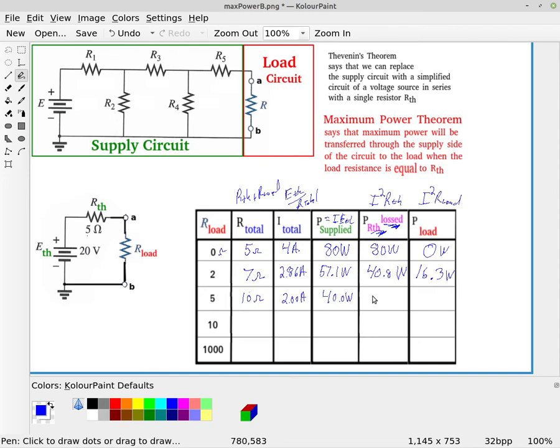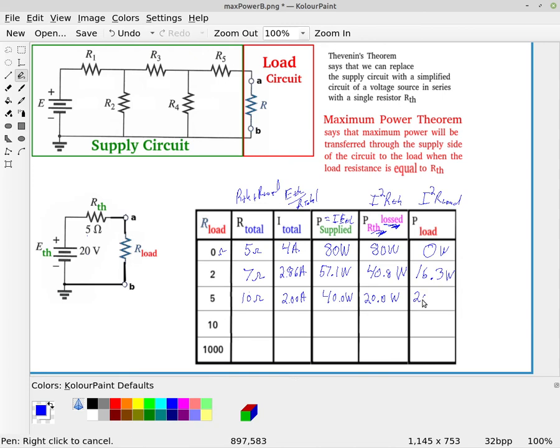Now the power lost is I squared times R Thevenin, which turns out to be 20 watts. So we're using half of that. Half of that 40 watts is being used up in this supply circuit.